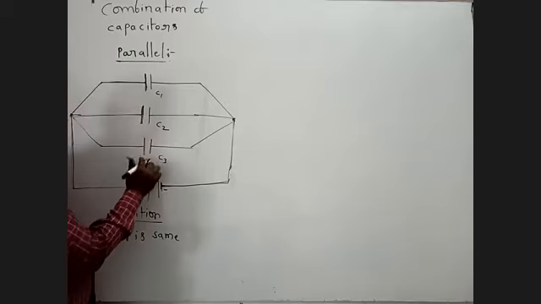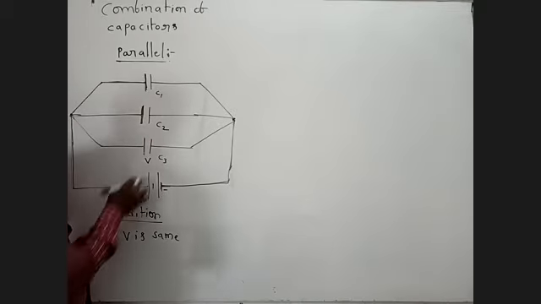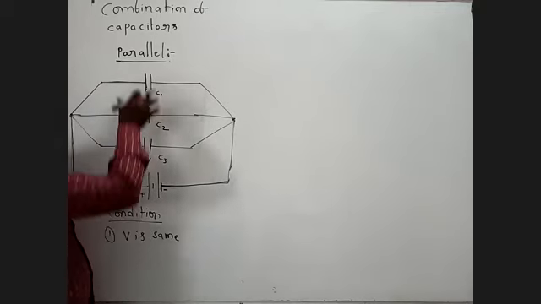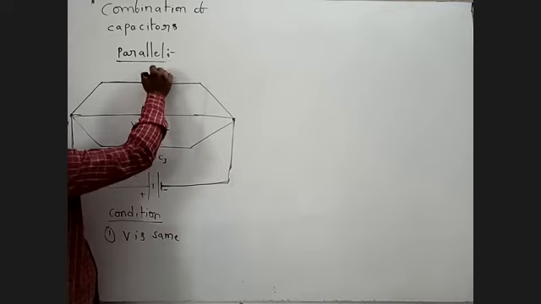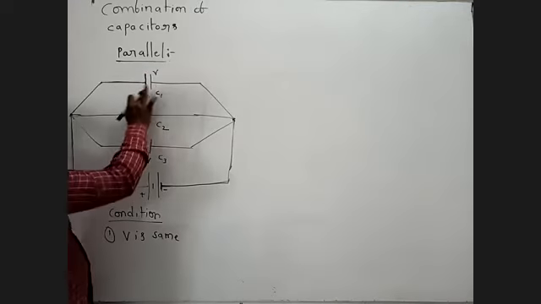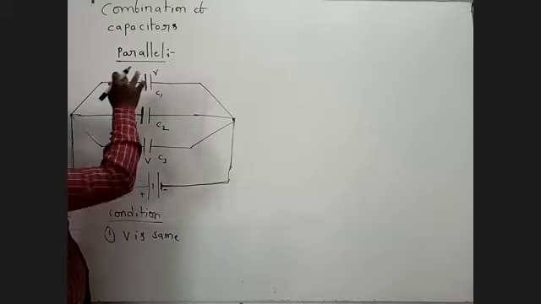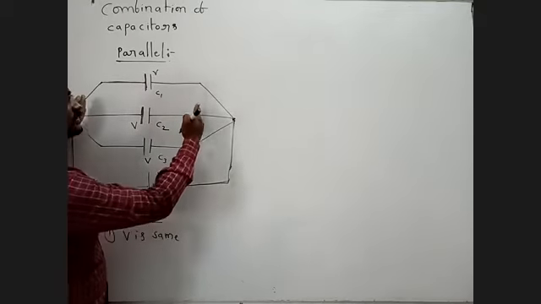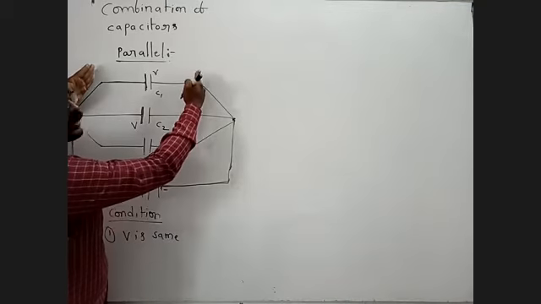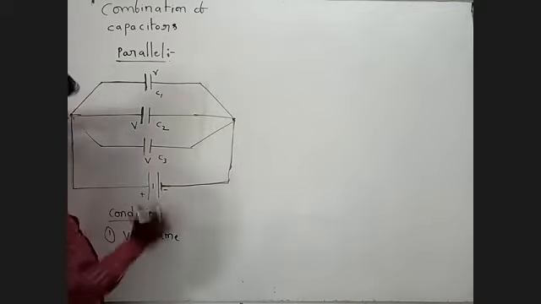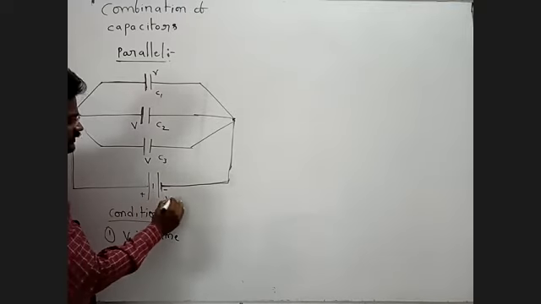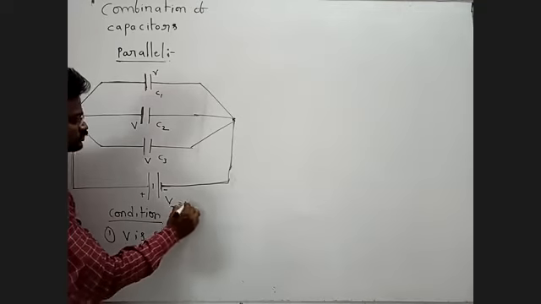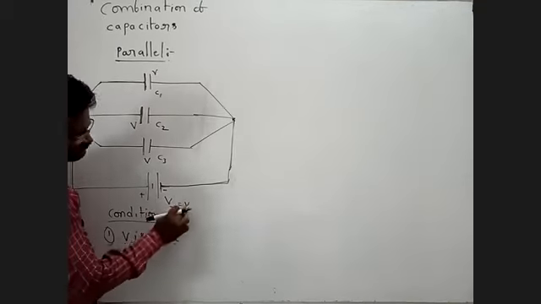The C3 capacitor takes voltage V, the C2 capacitor takes voltage V from the battery, and the C1 capacitor takes voltage V. So the voltage drop across C3 is V, across C2 is V, and across C1 is V. The total voltage is equal to V.